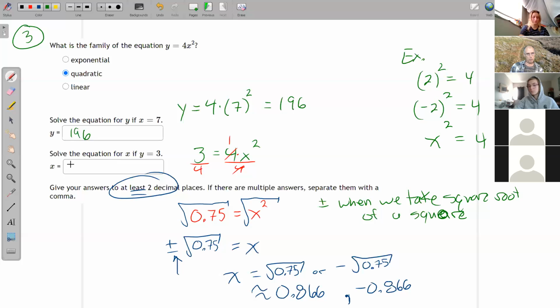So my answers here would be 0.866, comma, -0.866. And you'll have a slightly different set of numbers, but it's the same idea. And I can get away with 3 decimals because it said use at least 2. Alternatively, 2 is at least 2. You could have said 0.87, comma, -0.87. And the order shouldn't matter. You could do the -1 first if you liked.